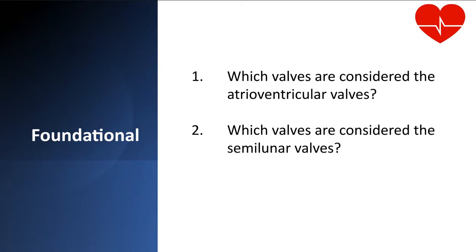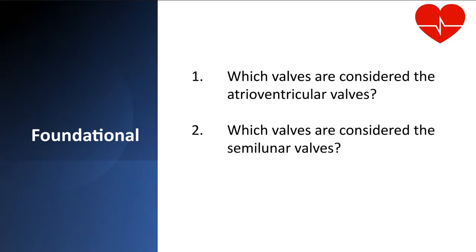So we have lots of terms. Some people will say mitral and tricuspid. Some people will say AV valves. Some people will say pulmonic, aortic. Some people will say semilunar valves. So that's why it's important for you to be able to go back and forth. And if you know your valves, that won't be an issue for you. So make sure that you learn those things.